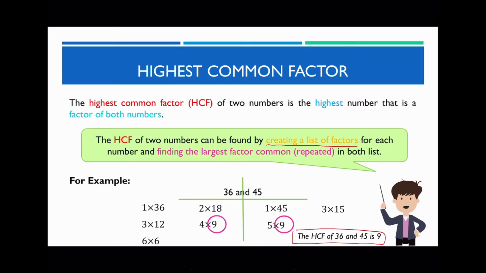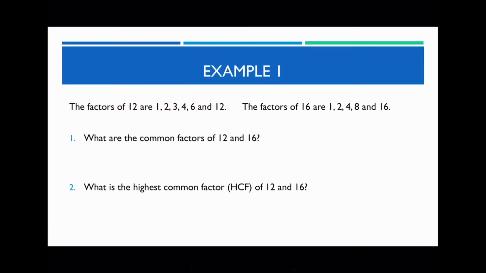Let's look at another example so you can have a better understanding of what this term means. In example 1, the factors of 12 are 1, 2, 3, 4, 6, and 12. The factors of 16, on the other hand, are 1, 2, 4, 8, and 16. The first question asks us, what are the common factors of 12 and 16?